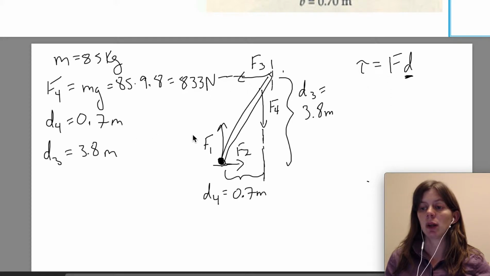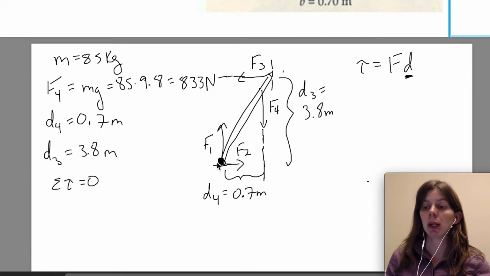So that's about all that we have. Let's go ahead and set up the sum of the torques equal to 0. When we're at the pivot points, these forces, F1 and F2, do not exert any torque.